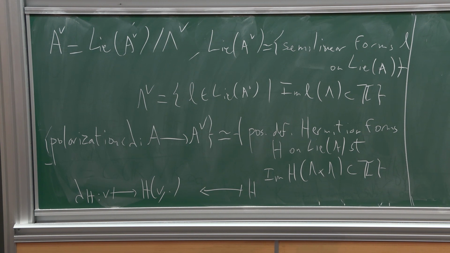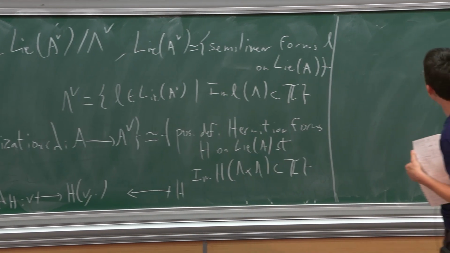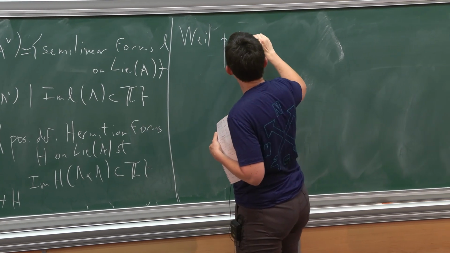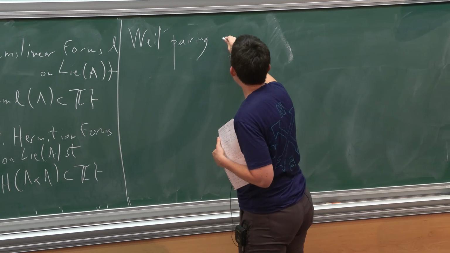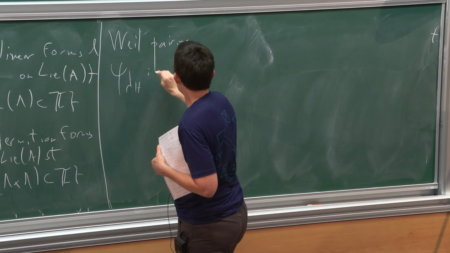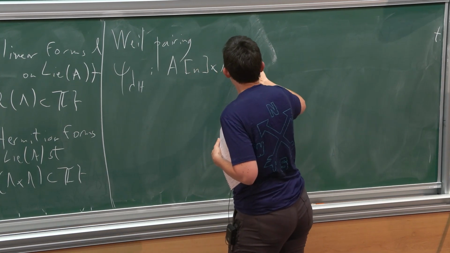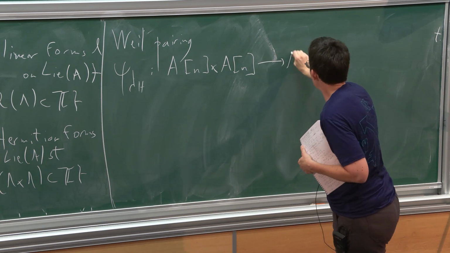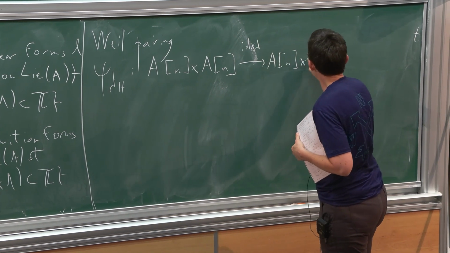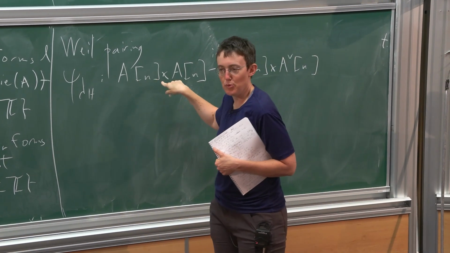Right. So when you have a polarization, it also gives you what is called the Weil pairing. So psi lambda H. Okay, so this bracket n means n torsion points.